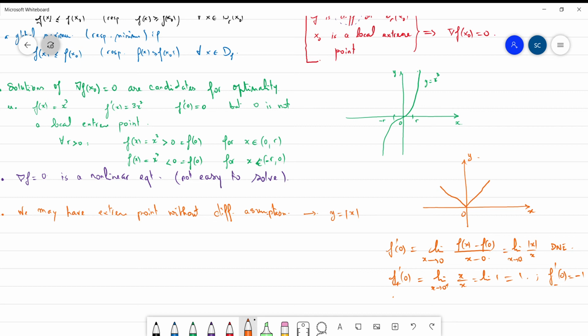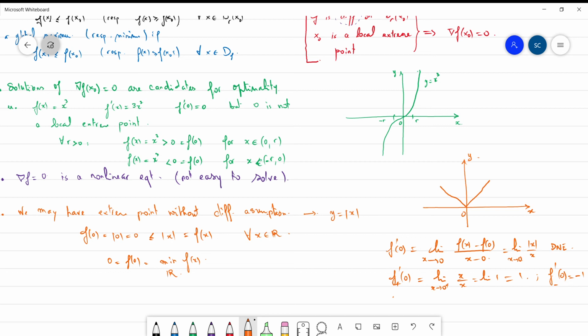We don't have differentiability, but we have f(0), which is absolute value of 0, which is 0, always less than or equal to the absolute value of x, for any x in the domain. So 0, which is f(0), is the global minimum of my function over the whole domain, and it's also a local one.